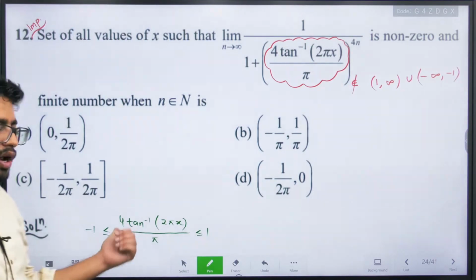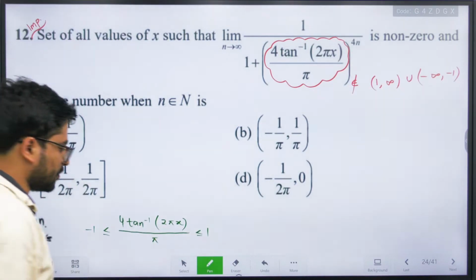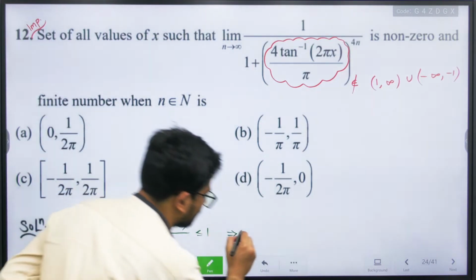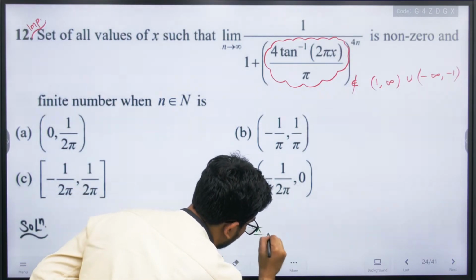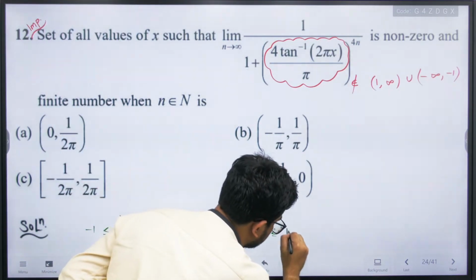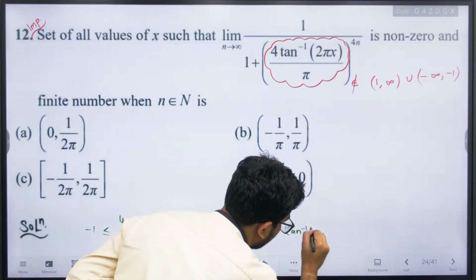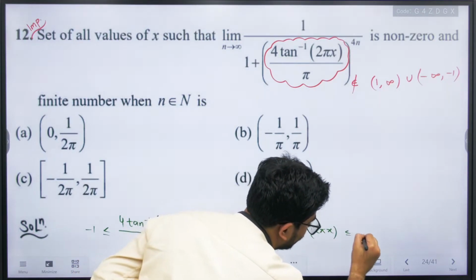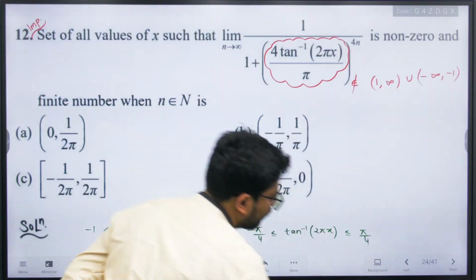Got it? Now multiply by pi by 4. Pi by 4 is a positive number, so the inequality remains the same. So this will become minus pi by 4 less than equal to tan inverse 2 pi x less than equal to pi by 4.